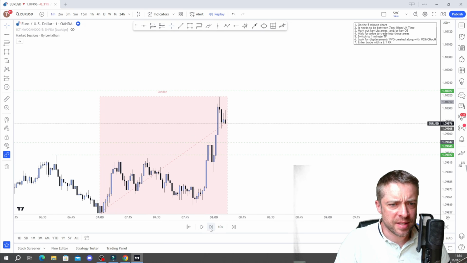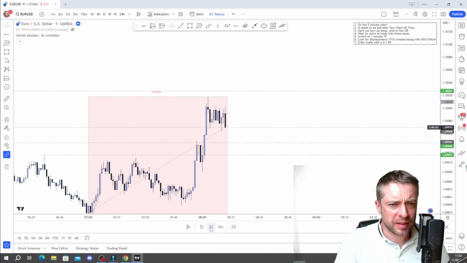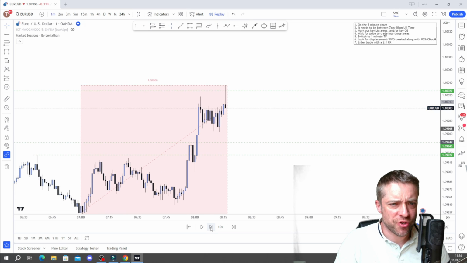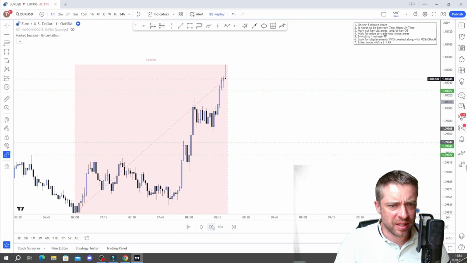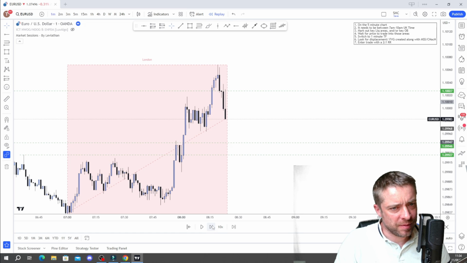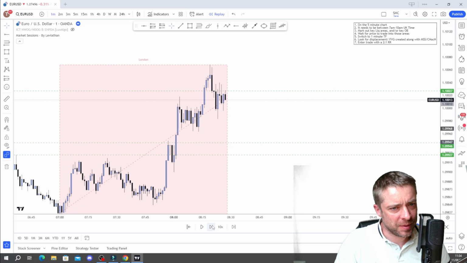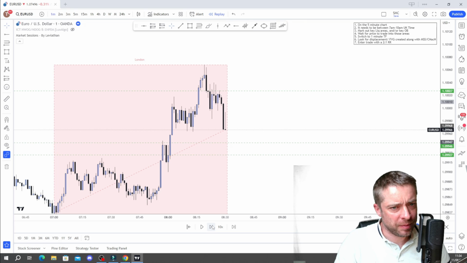This is looking nice. So I'm not seeing a break of structure though yet. Right, a close below here would be very nice. Not getting it yet. We have there though.